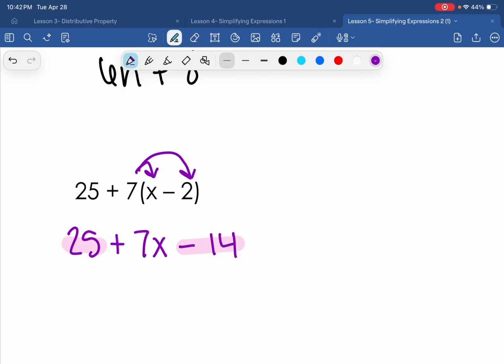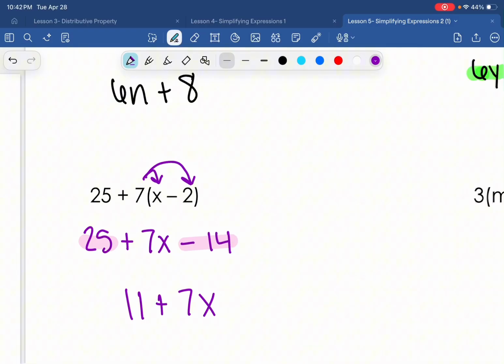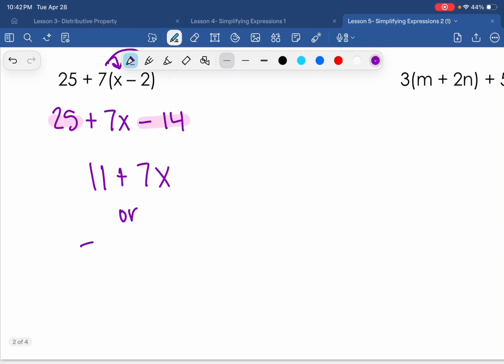And 25 minus 14 gives me 11. And I drop down 7x. So your final answer should have been 11 plus 7x. Now, if you wrote 7x plus 11, that is also correct, right? Because remember, we learned about the commutative property. So it doesn't matter in what order we write it for addition, we're going to get the same answer.